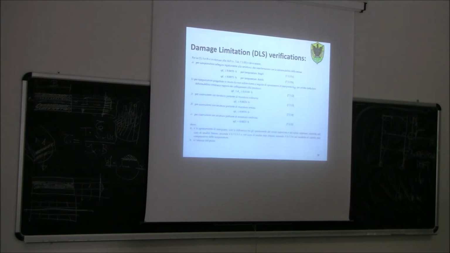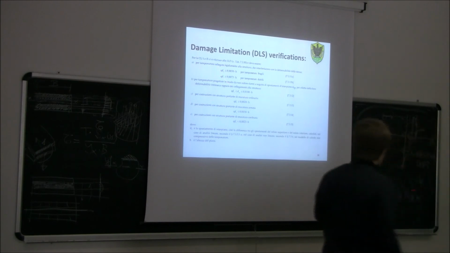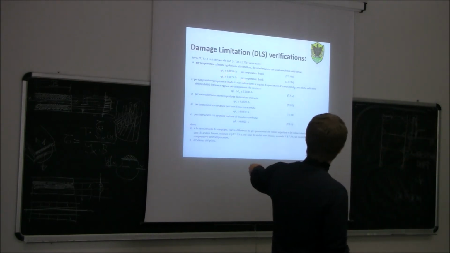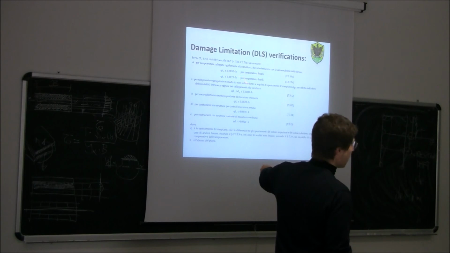let's go here. You see here, this is taken from the Italian regulation for claddings. For brittle claddings, you see here, if you use brittle claddings, like we do often in Italy, then this dr shall not exceed 0.005 times the height.